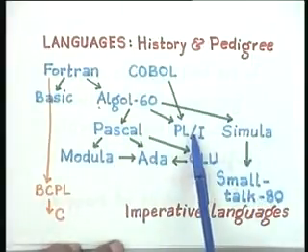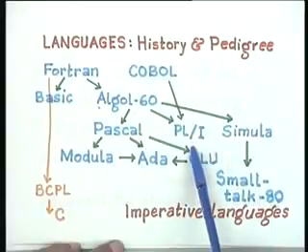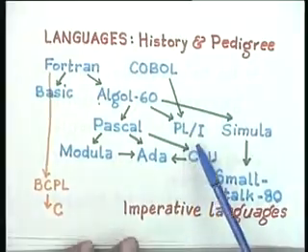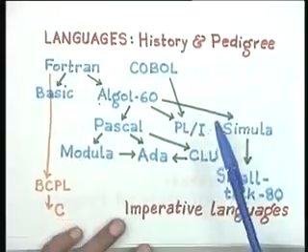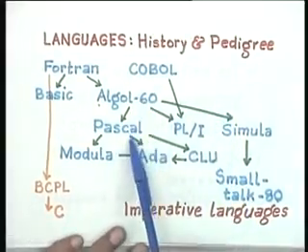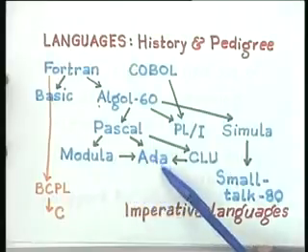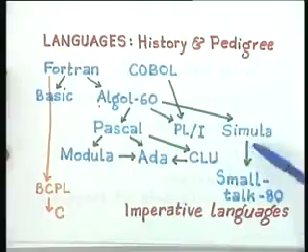PL1 was an attempt at a unified language for both scientific and business commercial processing, and from Pascal you get extra features in something like Modula and Ada. From Simula you got the object oriented languages starting from Smalltalk 80.